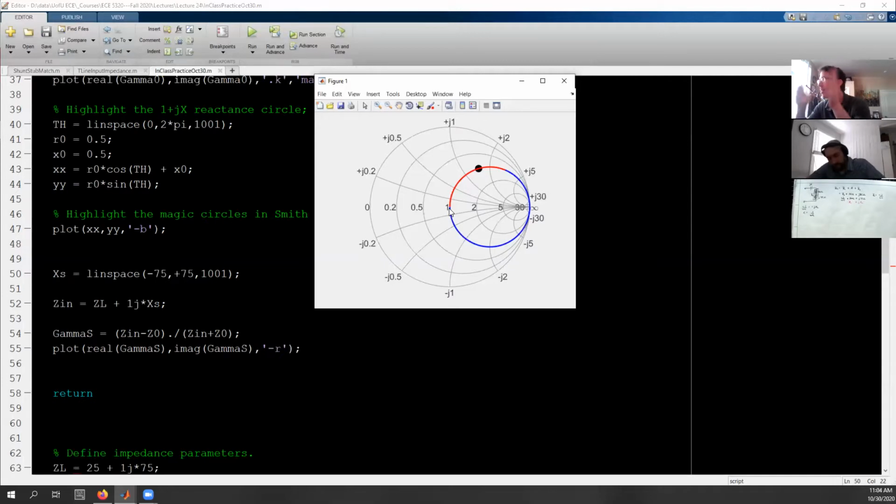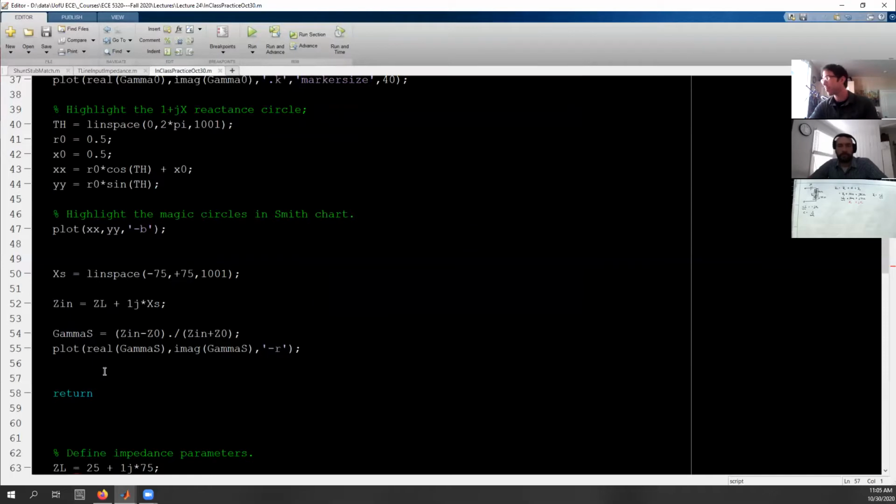There's this nice, simple visual pattern that these curves follow as you imagine this series capacitor. There's a knob where I can dial the reactance, positive or negative, and there'll be some appropriate capacitor or inductor associated with that. As I twist that knob, this little dot just follows this arc here. So that's one of the first key ideas we need to get very comfortable with: following the arcs.